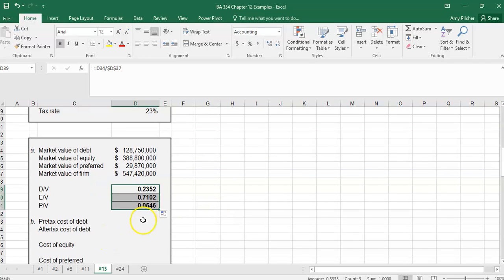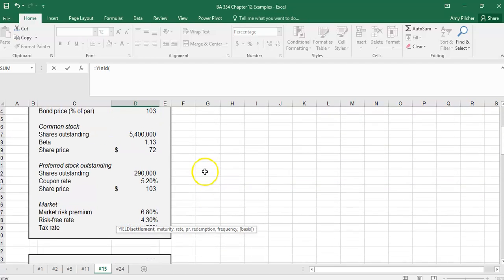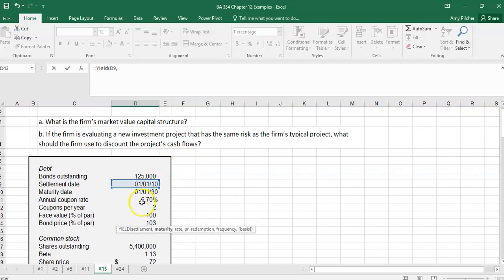We are then going to calculate our pre-tax cost of debt. Remember, this pre-tax cost of debt is the yield formula because our cost of debt is the yield to maturity on our bond issues. So settlement date, maturity date, the annual coupon rate, the bond price percentage, face value percentage, and then the number of coupons per year.